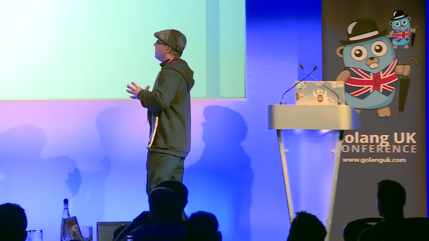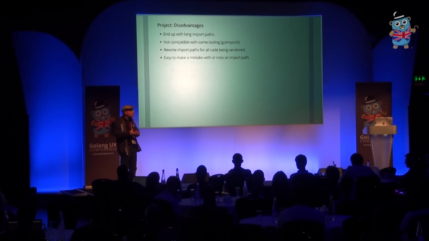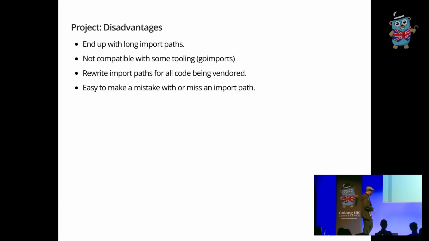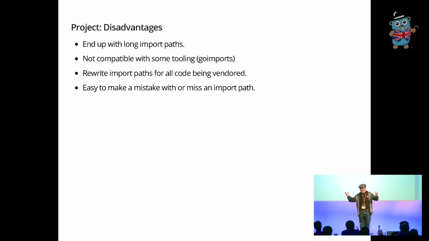So this is really what I'm doing today. All the production projects that I have right now are following this structure. The disadvantages are that we end up with these really long import paths. And I love Go imports. I mean, it's like one of my best friends.